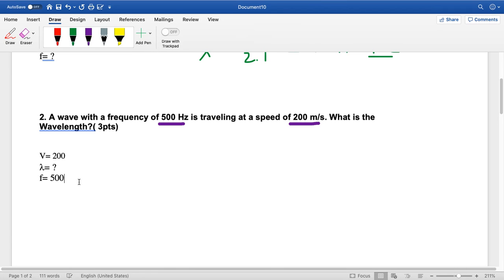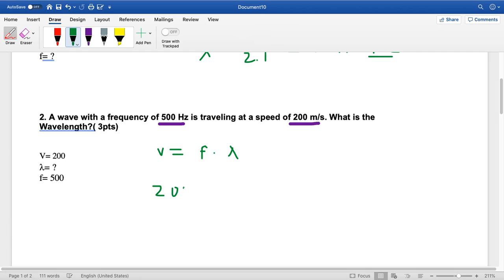Frequency is 500. So I'm going to use our original equation, which is V equals frequency times lambda. And I'm just going to plug in what I know. My speed is 200.